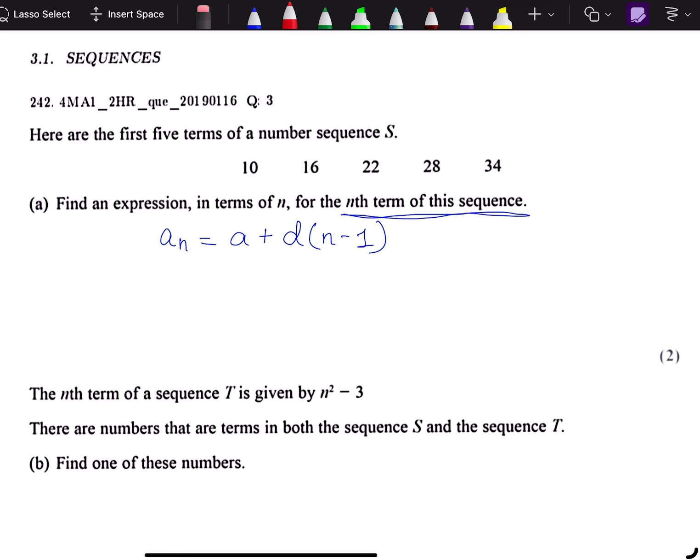First is the first term of the sequence, which clearly is 10, so we write a equals 10. And d is the difference, which can be calculated from second term minus first term or third term minus second term. So we take 16 minus 10, and the difference comes out to be 6. We just need to plug in the values of a and d.